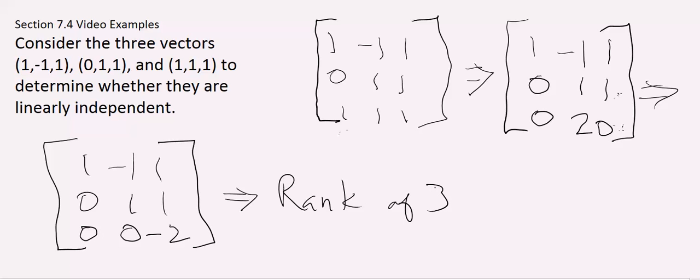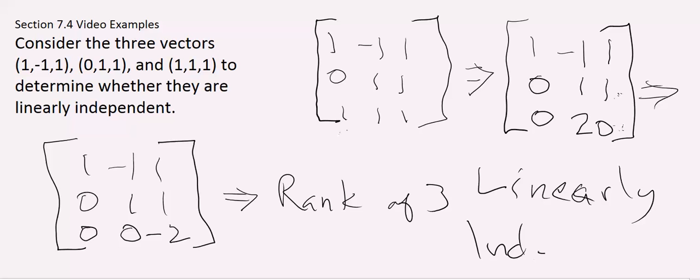And since we have three-dimensional vectors and the rank when we place them as row vectors came out to be 3, then we know that they are linearly independent. So they form a linearly independent set.